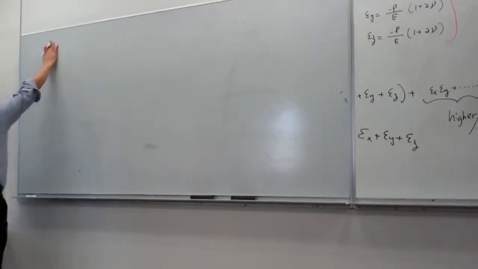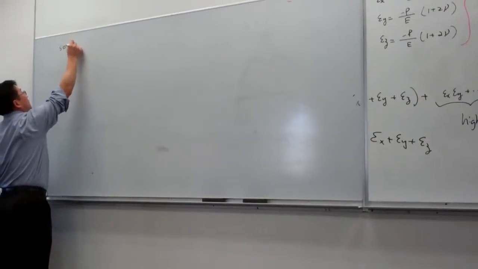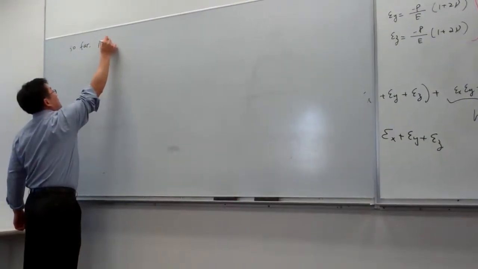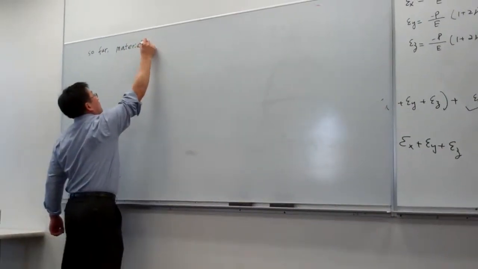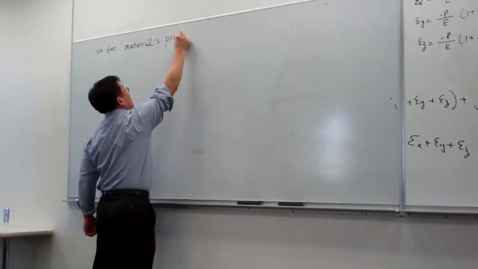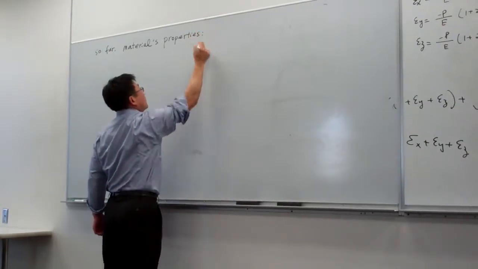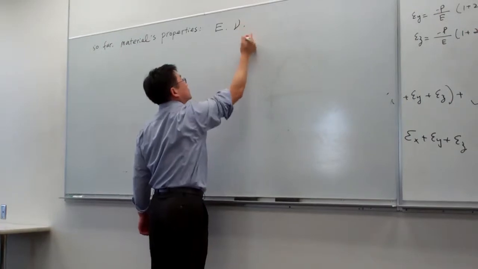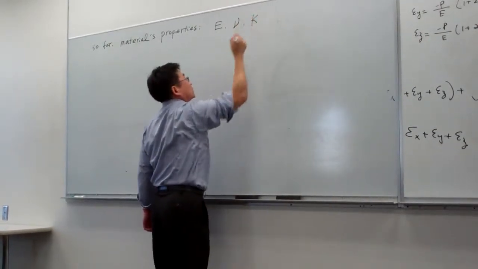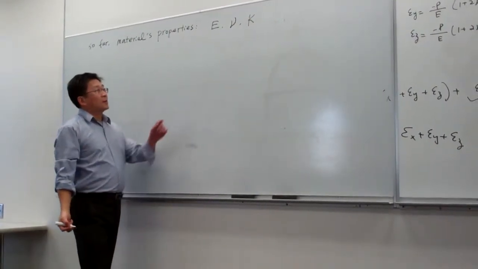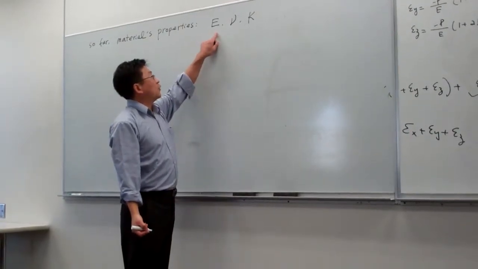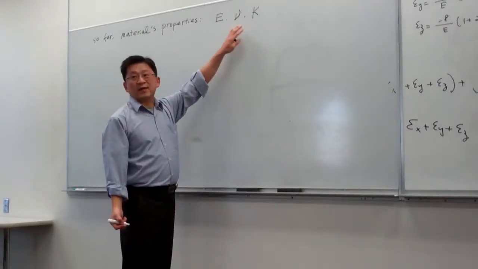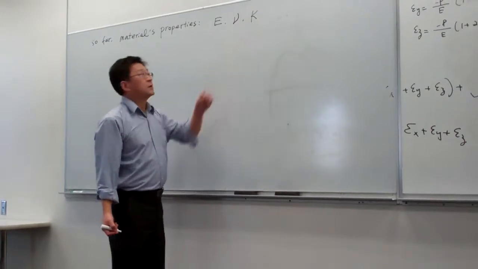So far we have introduced Young's modulus, Poisson ratio, and bulk modulus. And again, as long as we know any two of them, the others are derived.